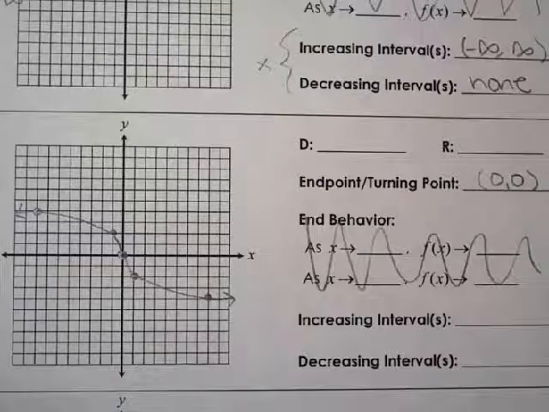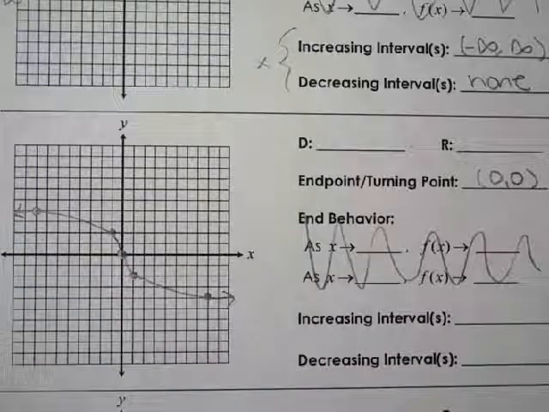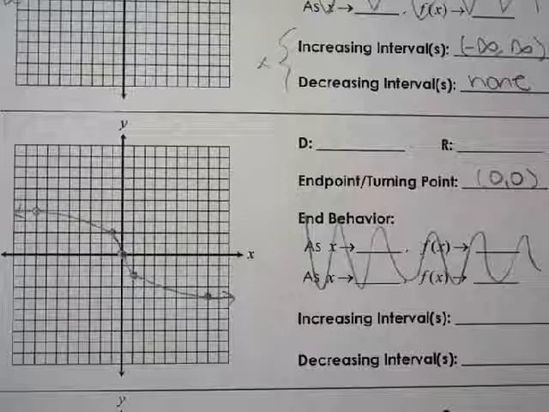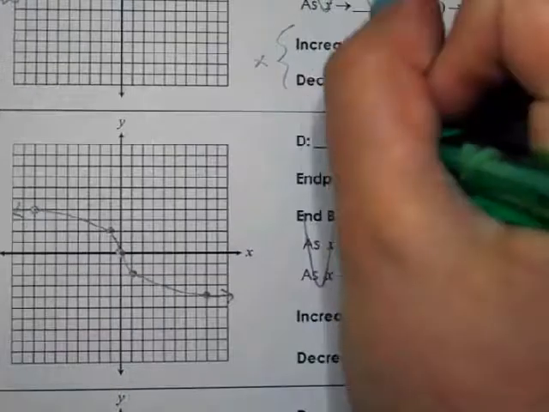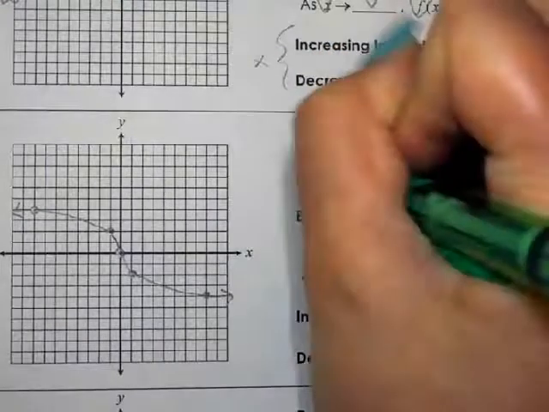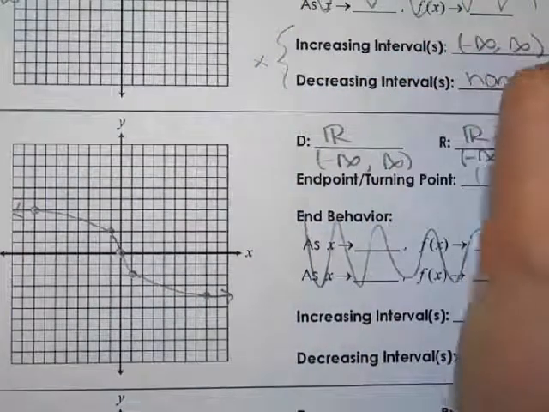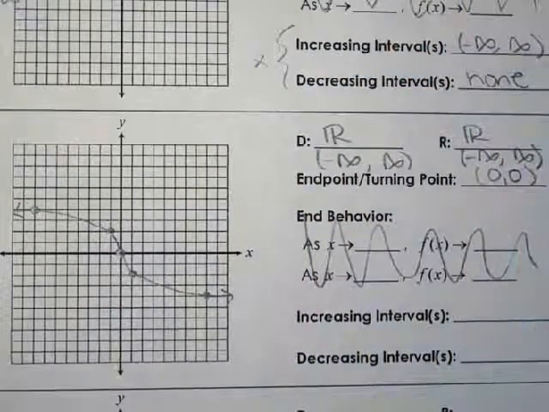Okay, what's the domain and range? All real numbers. Double bar R. All right.